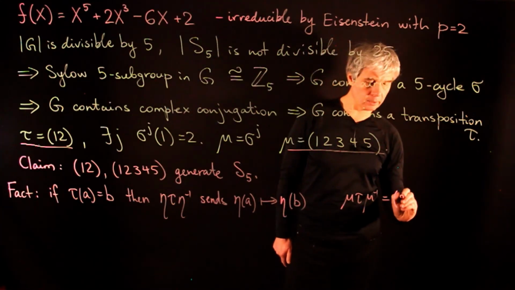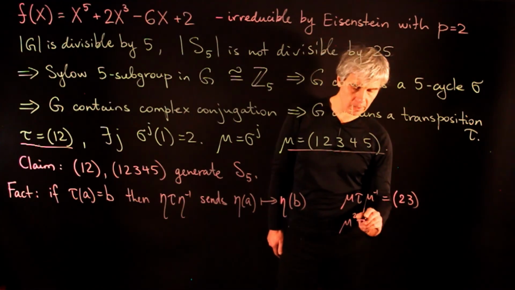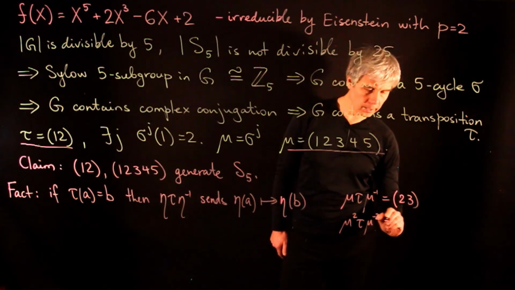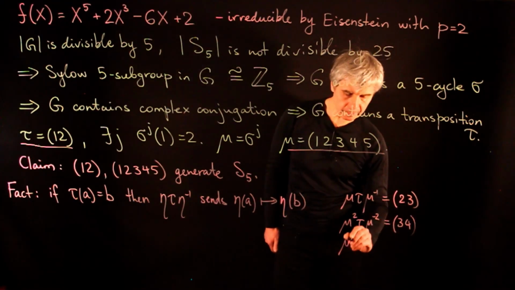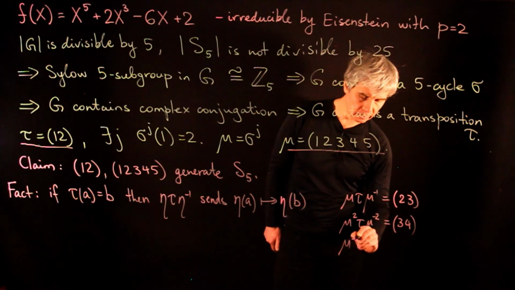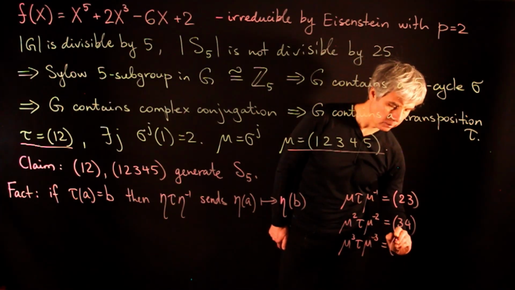So that will be a transposition (2 3). Then if we take mu squared tau mu to the negative 2, this will be a transposition (3 4). And finally, if we take mu cubed tau mu to the negative 3, this will be a transposition (4 5).